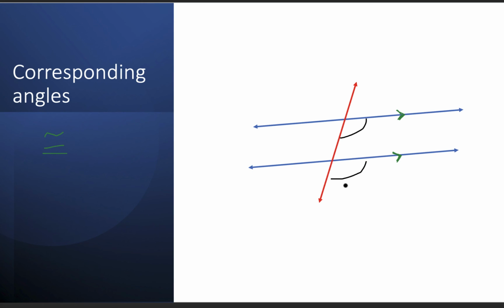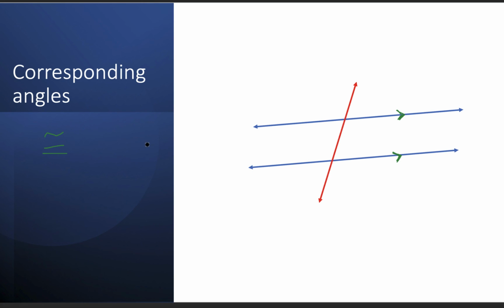So we have one set, and another set here. These are 2, and another set here, 3, and another set here, 4. Four sets of corresponding angles, and they are all congruent.